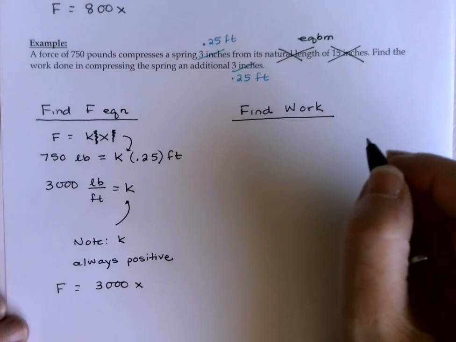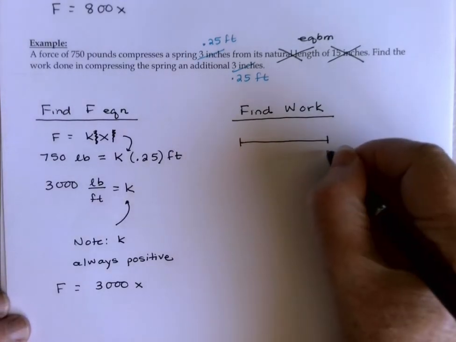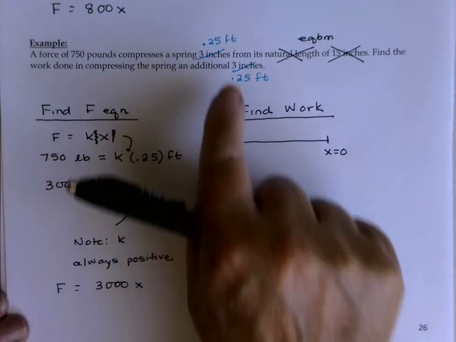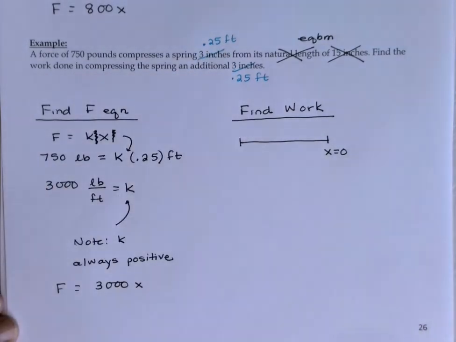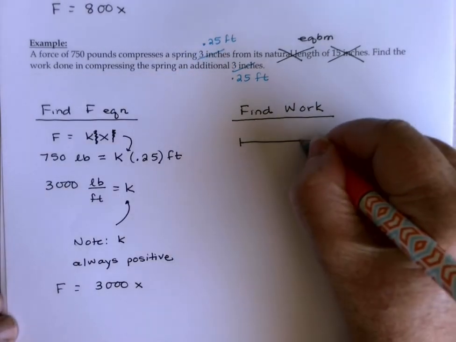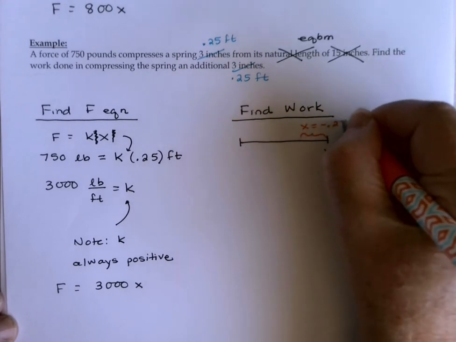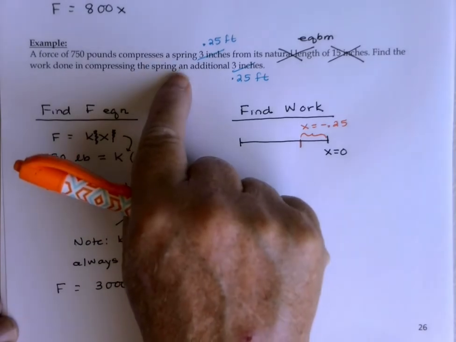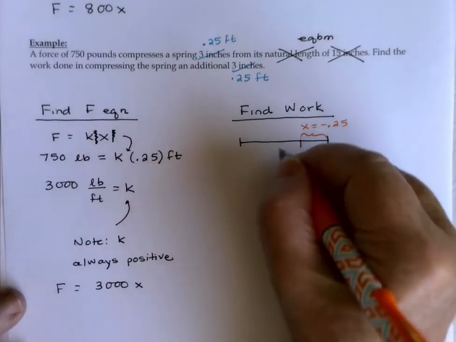So let's see here. If I imagine what's going on in this problem, if this is x equals 0, the equilibrium position, we were told what happened when we compressed the spring a quarter of a foot. So that would be an x value of negative 0.25. And then we're going to compress it an additional quarter of a foot, and we want the work required to compress an additional quarter of a foot.